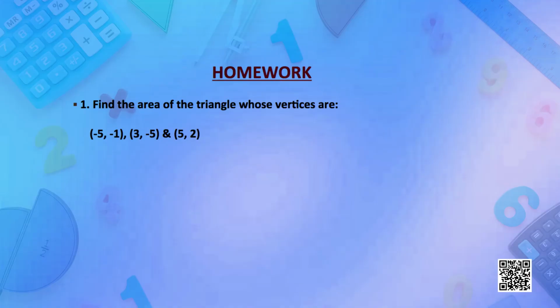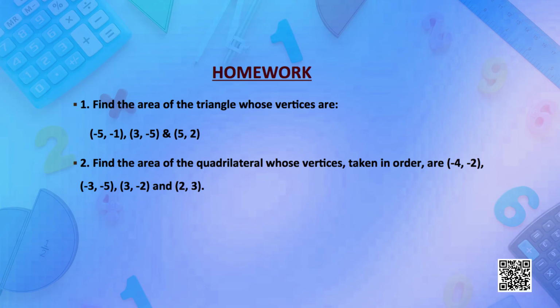Now this is your home assignment. First, find the area of the triangle whose vertices are (-5, -1), (3, -5), (5, 2). Second, find the area of the quadrilateral whose vertices taken in order are (-4, -2), (-3, -5), (3, -2) and (2, 3).